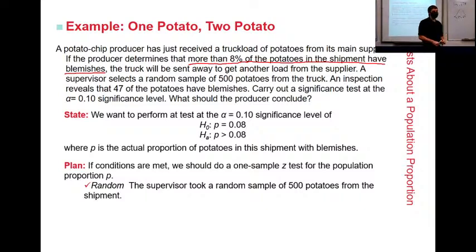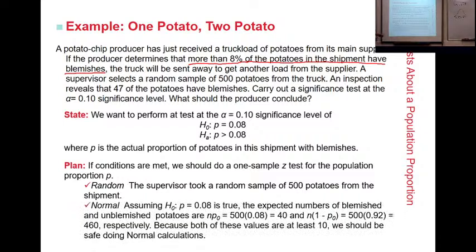Don't forget, all our calculations are going to be based on the null hypothesis being true. Assuming the null hypothesis is true, what's the probability of getting this sample? So we're going to use the null hypothesis when we do our n times p and n times 1 minus p. So we are checking n times p naught and n times 1 minus p naught.